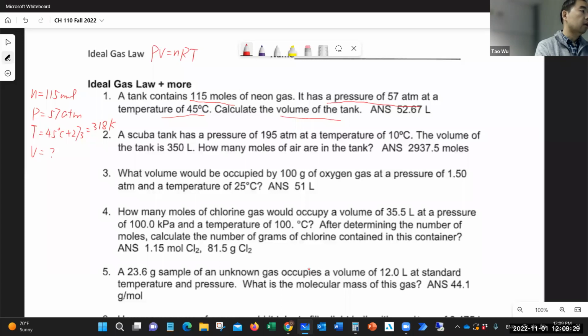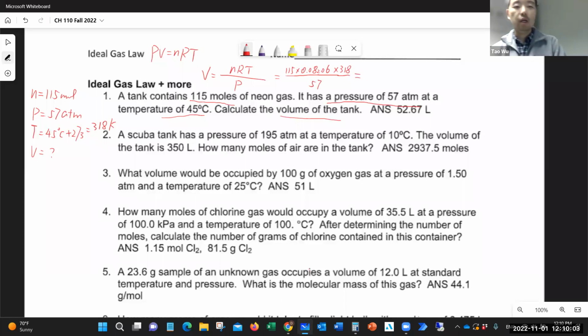So we're asking for V. The volume will be just equal to nRT over the pressure. So you can plug those numbers in there: 115 times R, which is 0.08206, times the temperature, 318, divided by the pressure, 57 atmosphere.